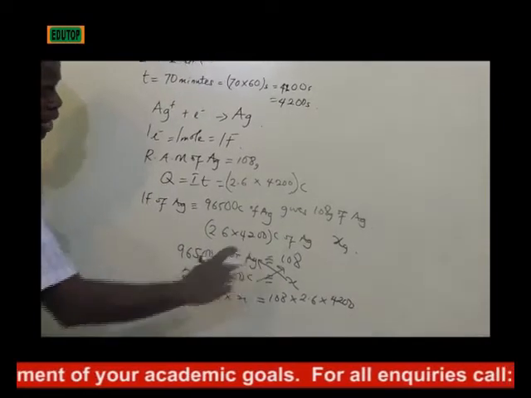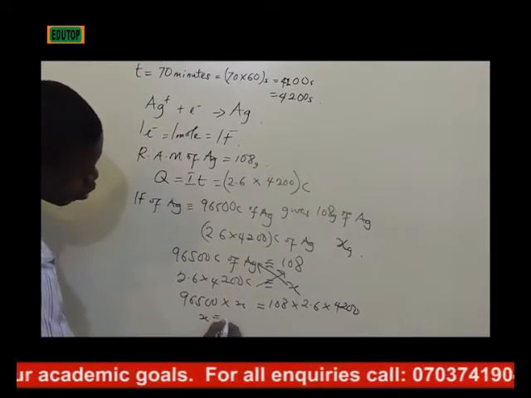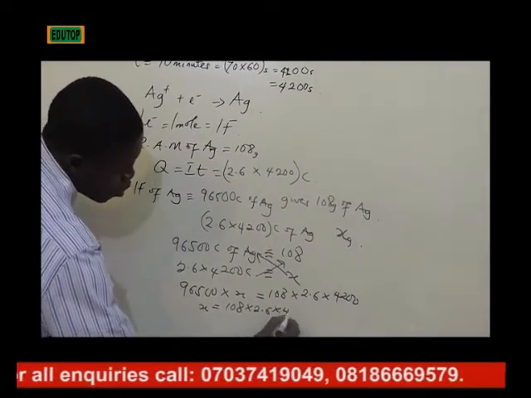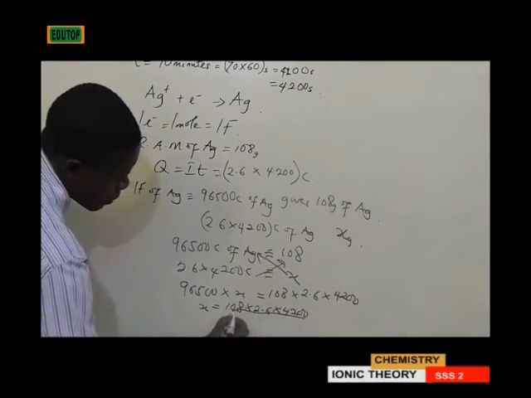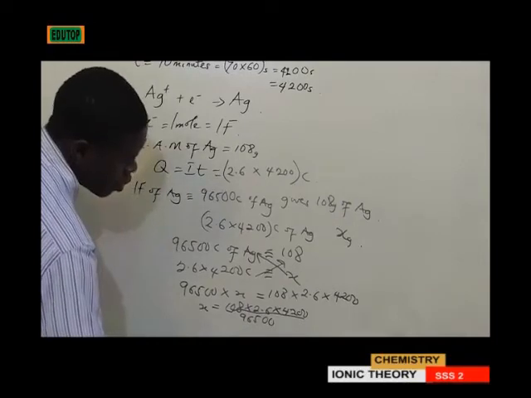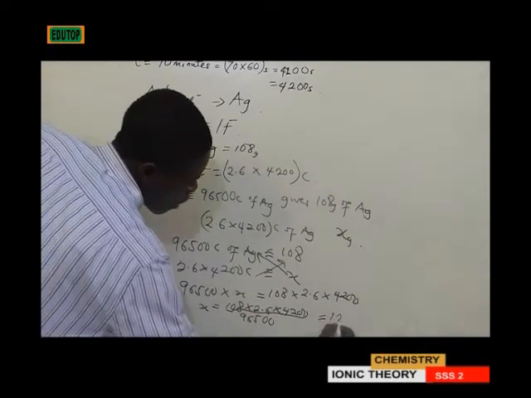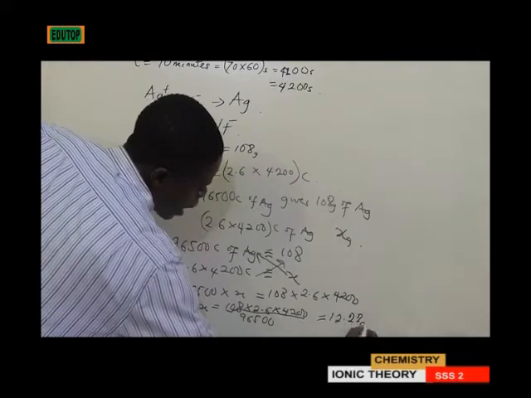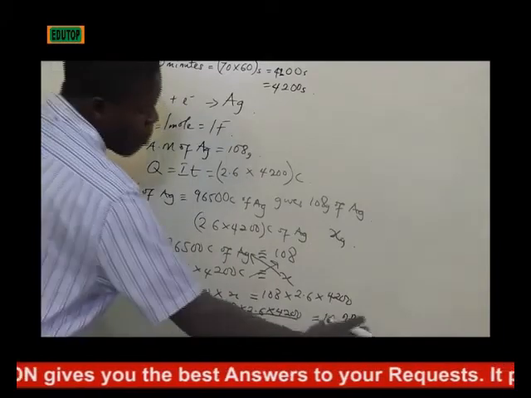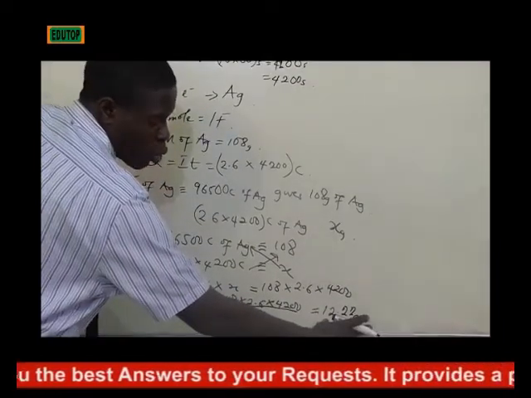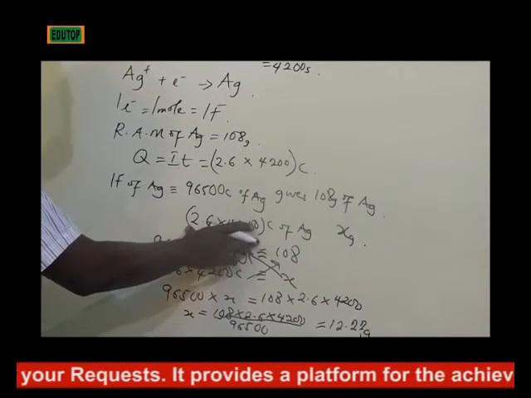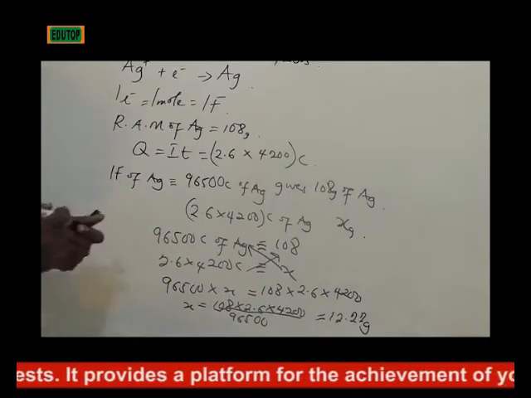Once we divide, we have x equals 108 times 2.6 times 4,200 all over 96500, and at the end we have 12.22 gram. So it will require 12.22 gram of silver to be deposited by this quantity of electricity. So that is the answer to question 1.